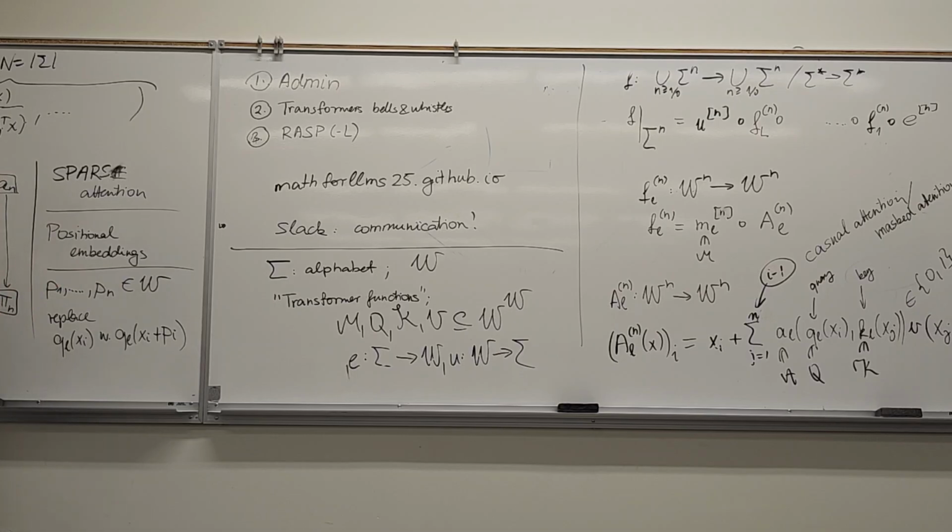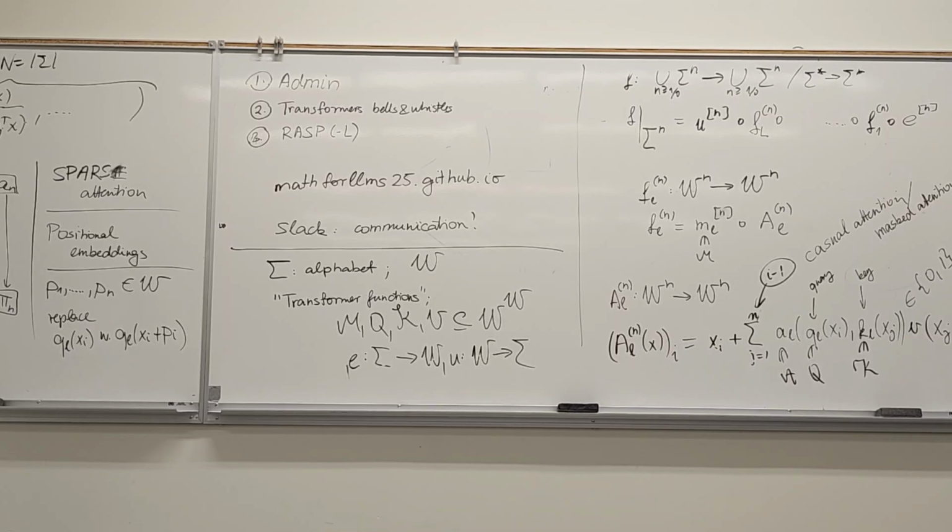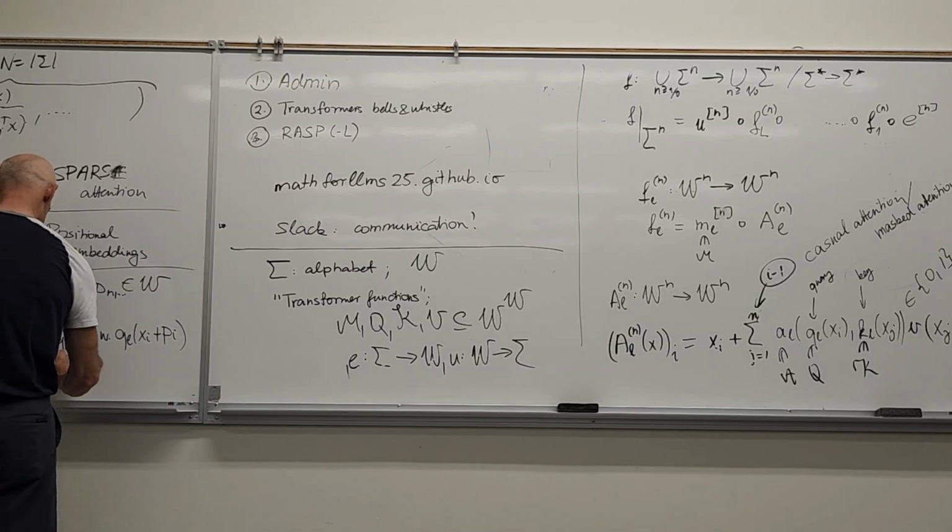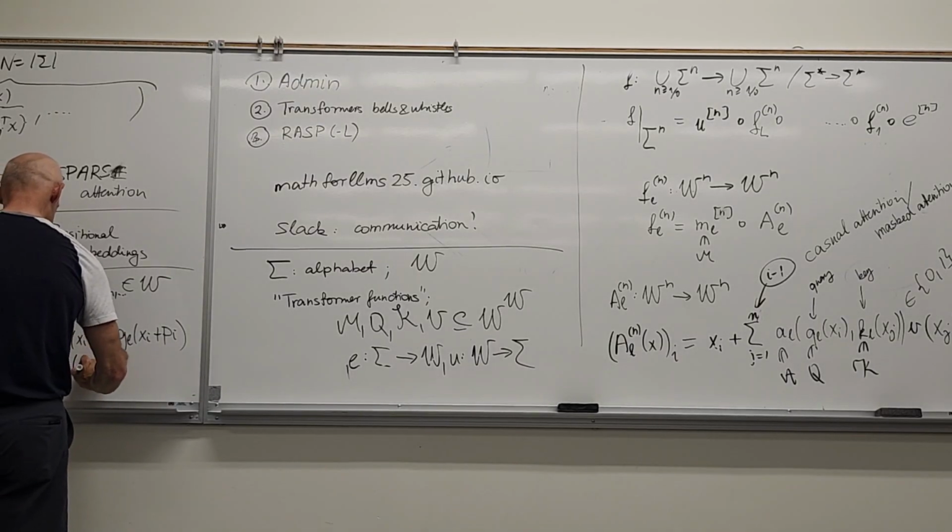Now we are leaving the nice territory of a uniform architecture, where for every length you do the same calculation. These are specific to lengths, and if you want this to work for any length, then you have to have infinitely many of these things. That's a little bit problematic, but people nevertheless immediately did this.